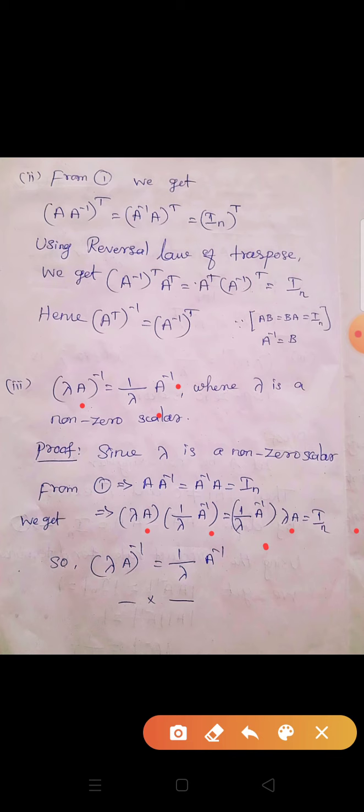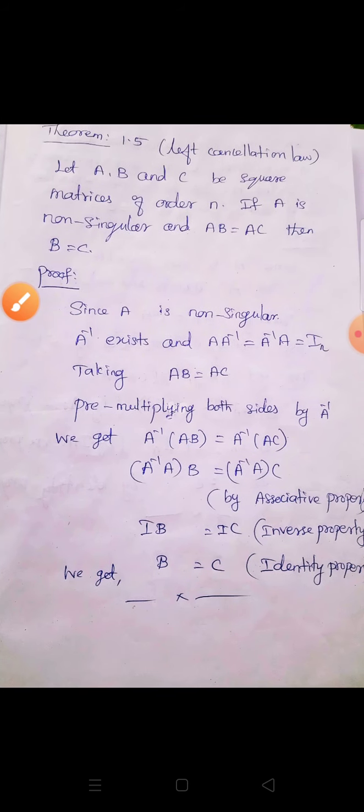This is our inverse property. So lambda A whole inverse is equal to 1 by lambda A inverse. Hence the third proof.